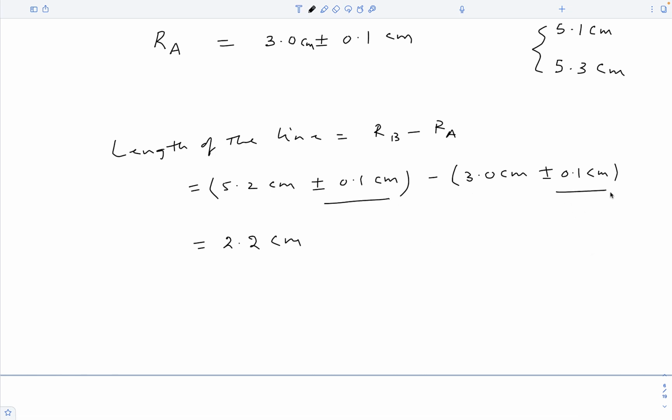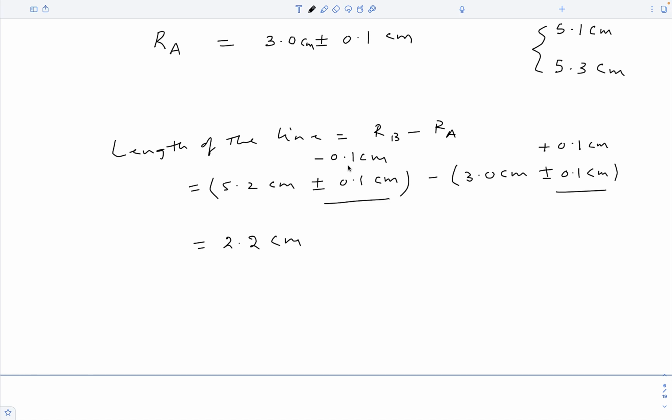Should we cancel them? No, we should report the maximum possible amount of error or uncertainty. Say the amount of uncertainty in this case is minus 0.1 centimeter. Then in this reading it could be plus 0.1 centimeters. I am looking at the extreme cases.